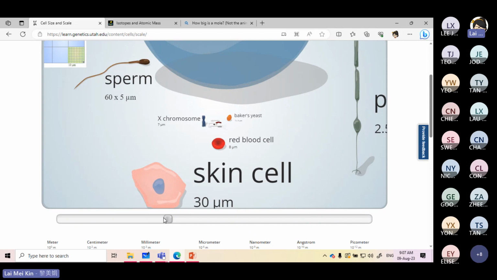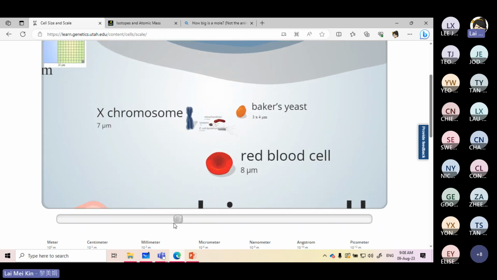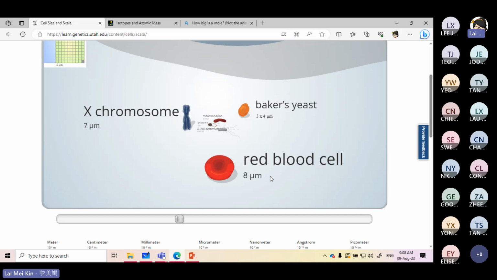Did you guys look at the microscope before, doing science experiments where you get your cheek skin cells? You use the microscope, you can see skin cell. And then you go in further, you have red blood cell. And then it is chromosome. Chromosome is what determines X chromosome, Y chromosome, whether you are a girl or a boy.